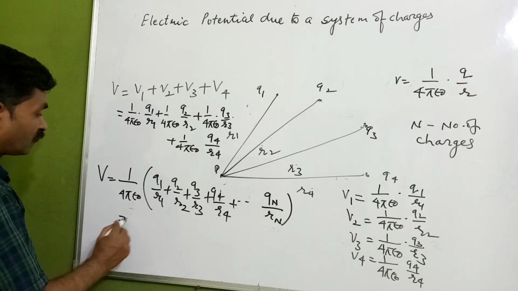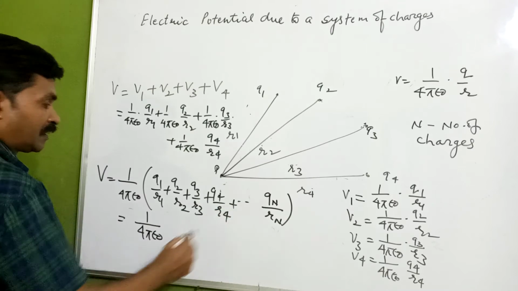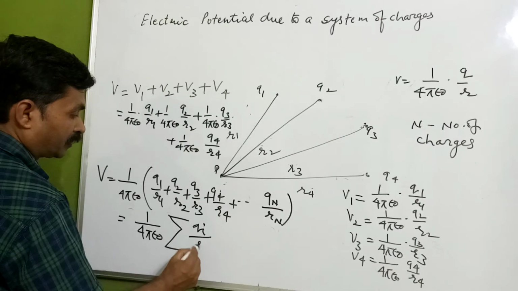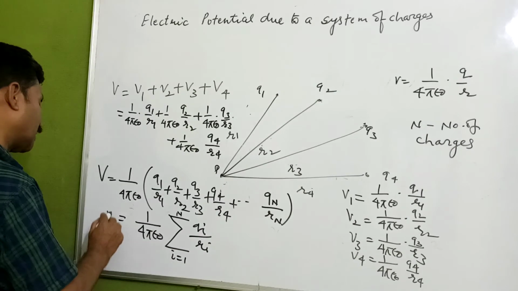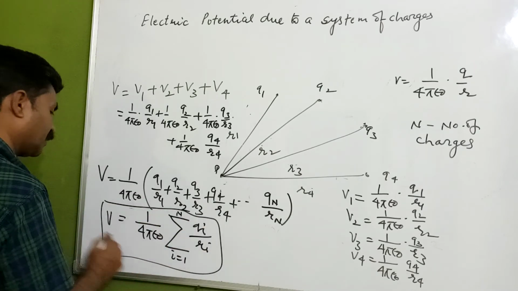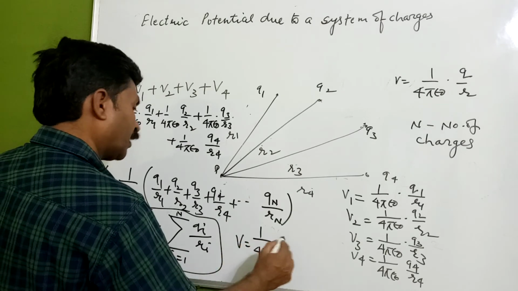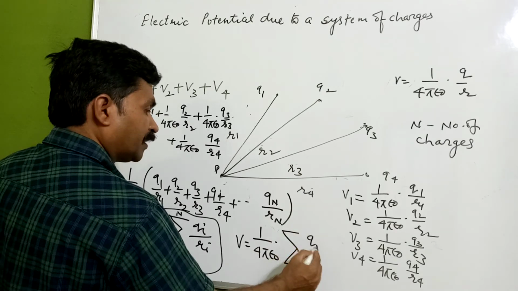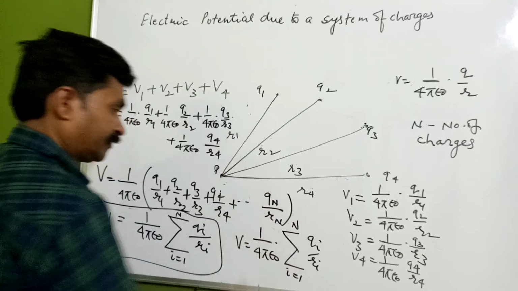So we can simply write 1 upon 4 pi epsilon naught, and take the summation, which we can represent as Qi upon Ri, i equals 1 up to n. This is the electric potential which we are getting: V is equal to 1 upon 4 pi epsilon naught into the summation of Qi upon Ri, i equals 1 up to n.